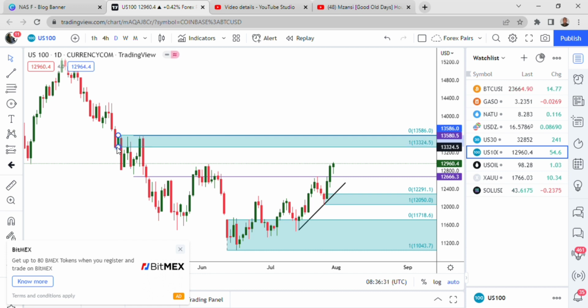Remember, when one area is taken out, you need to mark the new one above. So you can still say, oh, this is my daily area of resistance, because we were coming down, we paused there, we went all the way down, we had a pullback into it, it was holding, it got rejected, went up, holding, got rejected. So it is still very much valid.